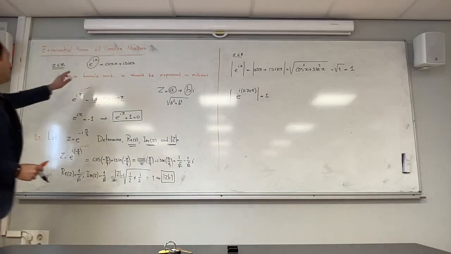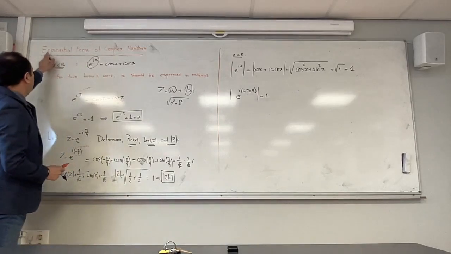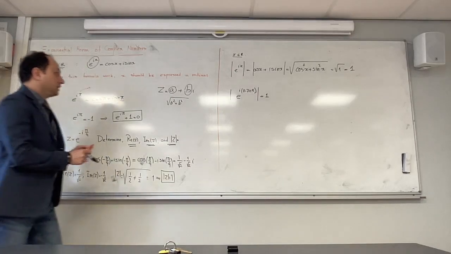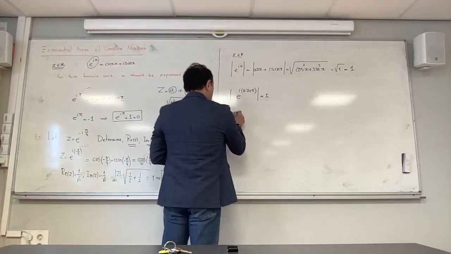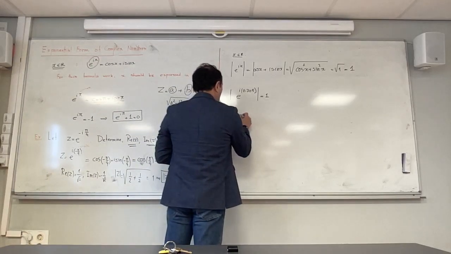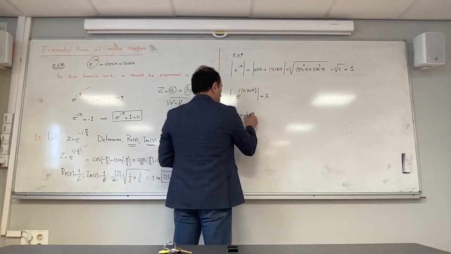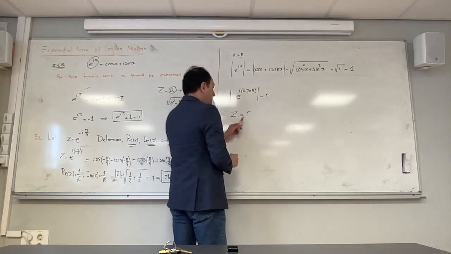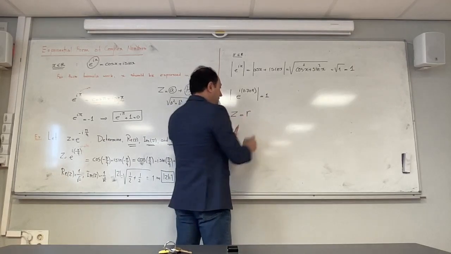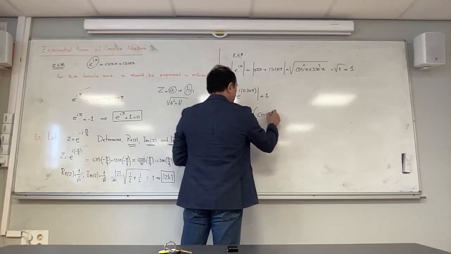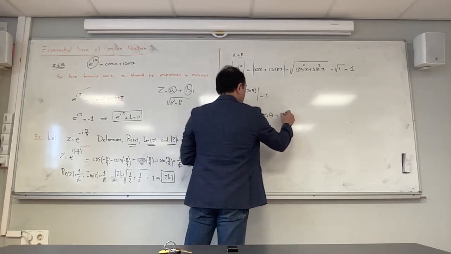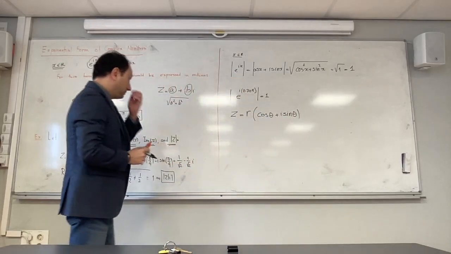Okay, so now let us go back and talk about the exponential form, because assume that someone told you the polar form of your complex number. So the polar form of your complex number is a non-negative real number r multiplied by cosine theta plus I sine theta. So theta is a real number.